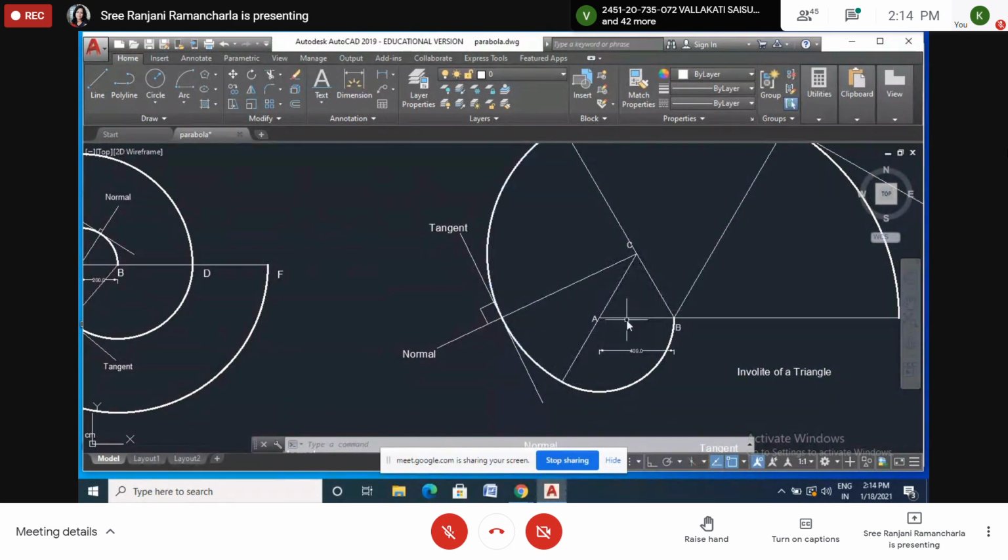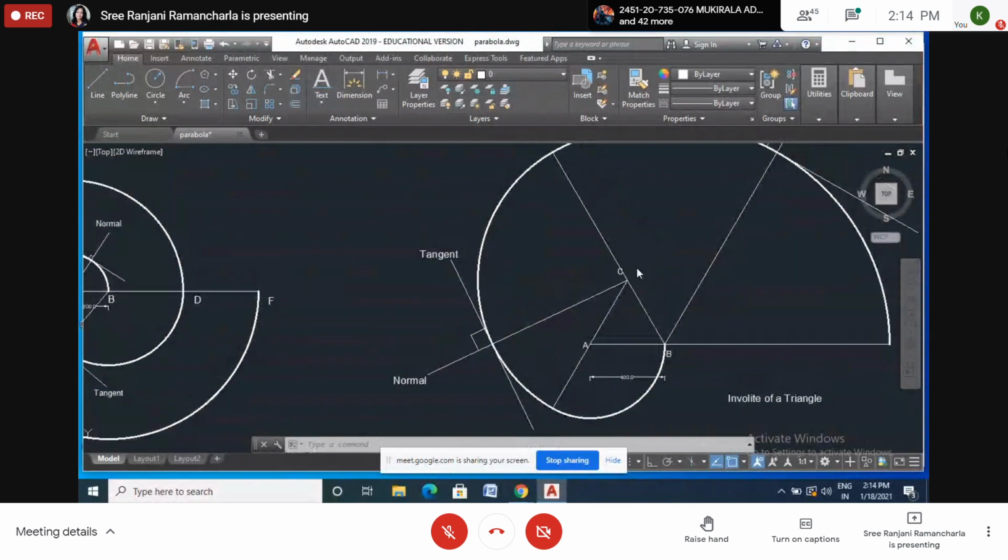How much is the side? 4 centimeters. So extend 4 centimeters. Okay. Now similarly here also, extend BC. How much length do you have to extend?